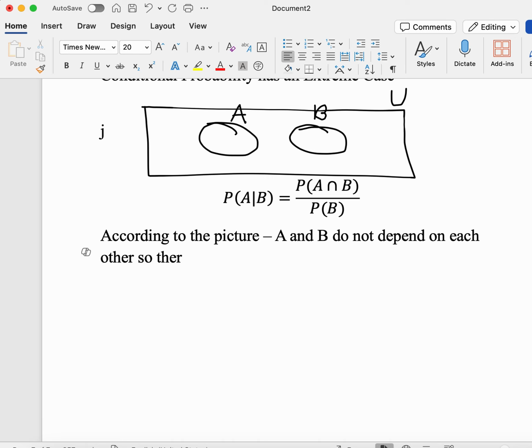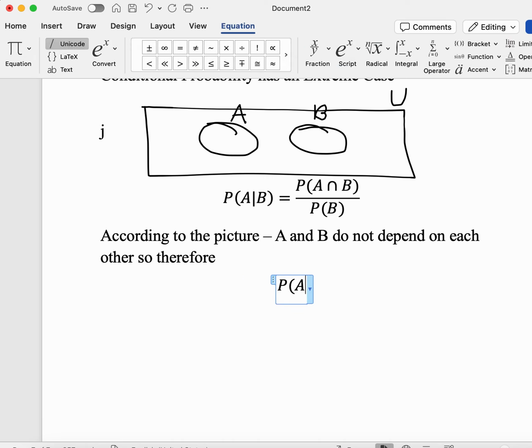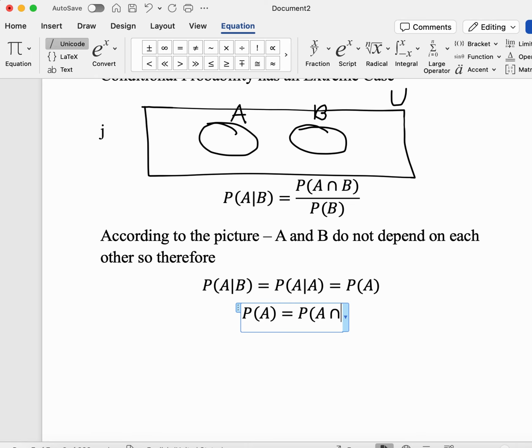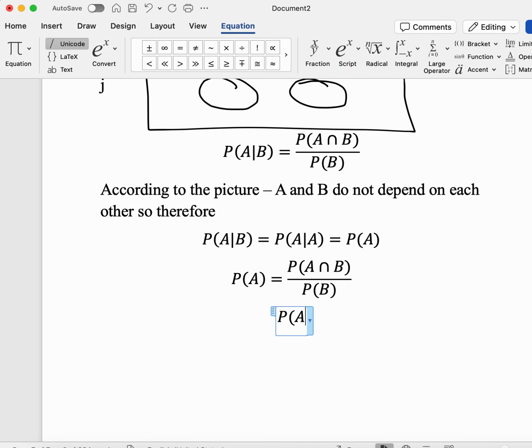So therefore, P of A given B is the same as P of A given A. And that, just by common sense or by convention, is just P of A by itself. So I basically end up with P of A equals P of A intersect B divided by P of B. Through some simple cross multiplication by P of B, I get that P of A times P of B equals P of A and B.